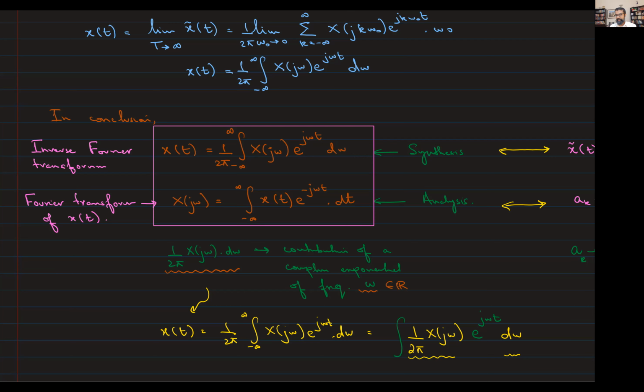And we can then view x of t alternately in the frequency domain, as X of j omega. What does that mean? Let's talk about some examples and see what it means. Right? Any questions? All right.